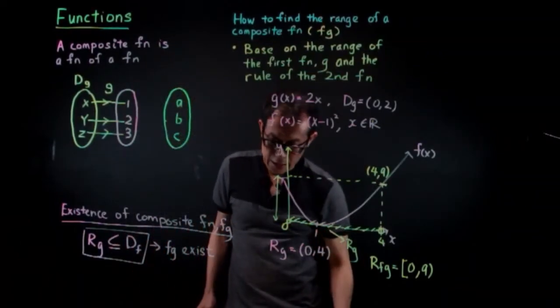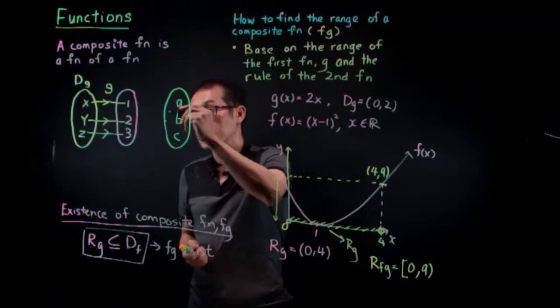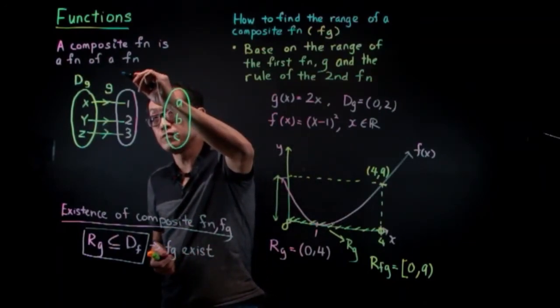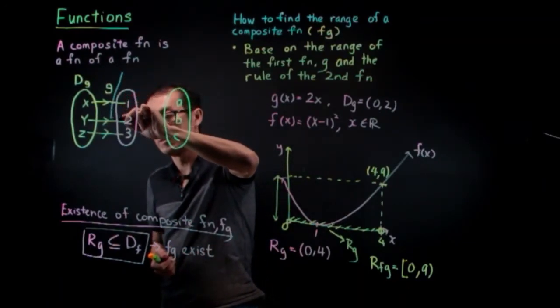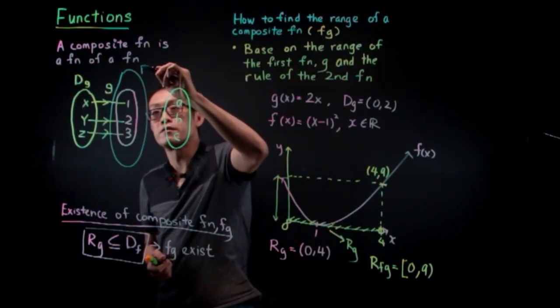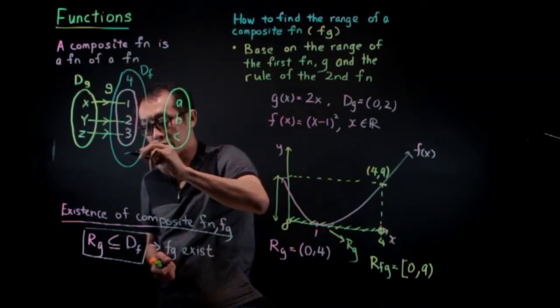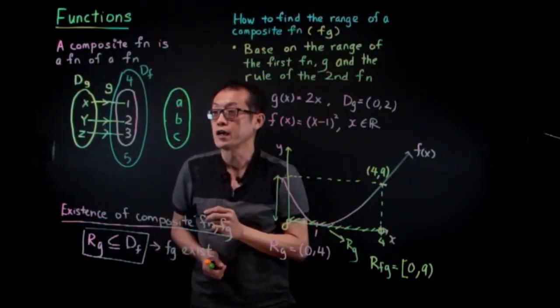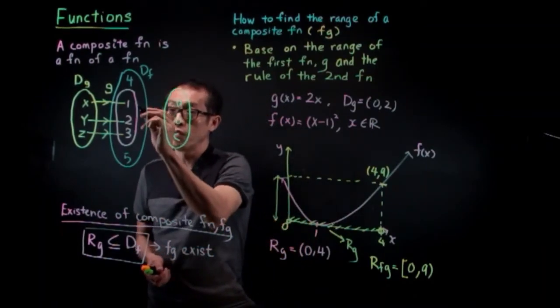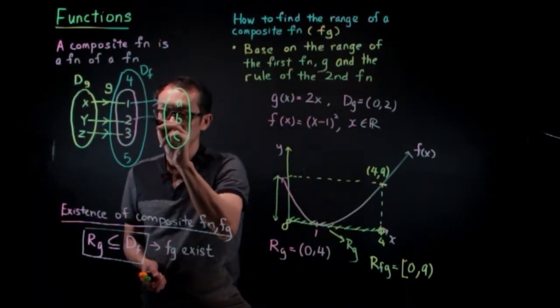Now let's look at another scenario where this is the domain of f. You have some members here. Maybe you have a 4 here, you have a 5 here. Now, all these will have an image.